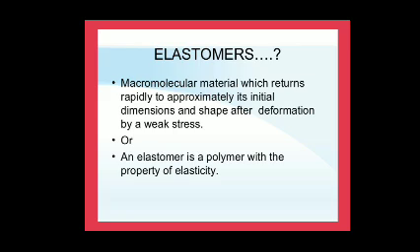Any polymer which shows the property of elasticity, which is stretched to at least twice its original length, and when the stretching force is removed returns to its original shape, is called an elastomer.